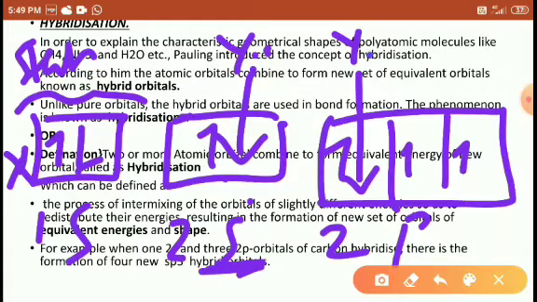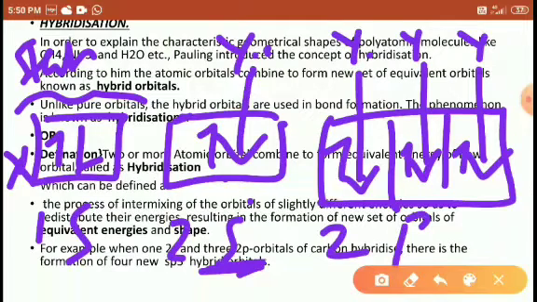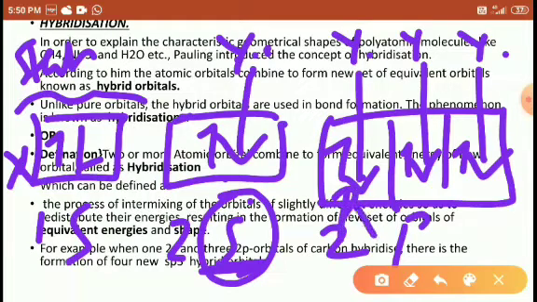So here one Y electron shifts to the Px orbital, one to the Py orbital, one to the Pz. So tell me, students, how many Y electrons? 4 Y electrons. One shifted in the S orbital, another in the Px, the third in the Py, and the fourth in the Pz.